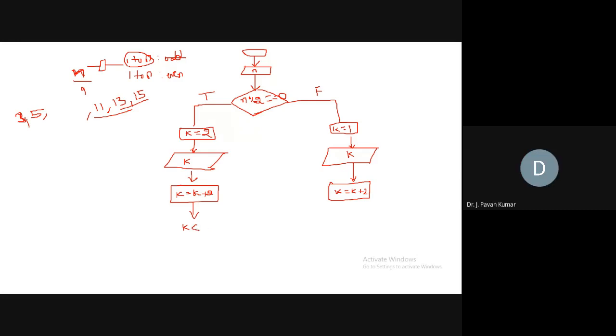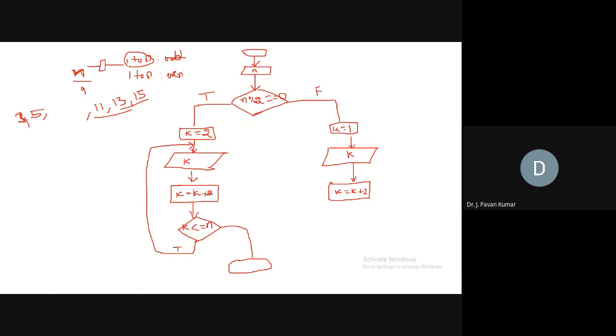Whether k is less than or equal to n or not. Okay, this is the condition. We indicate the condition using a diamond. If it is true, then we go back and display the k value. Otherwise, we stop. Okay, this is end.